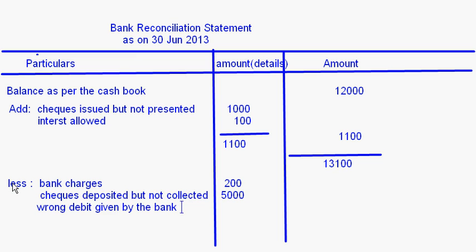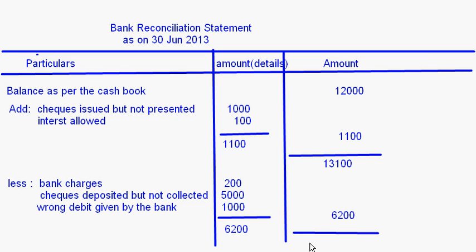This is also to be deducted. So let's say the bank wrongly debited this much. So the total comes to 6,200 here. Now this 6,200 should be deducted from here. So whatever you get, that is basically the balance as per the passbook.